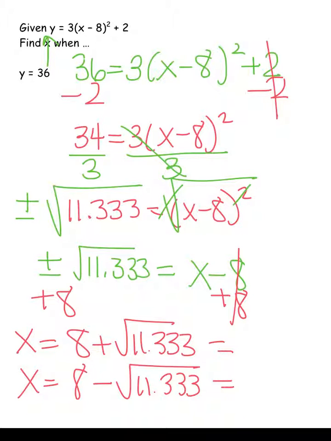There's no advantage to putting the square root in sooner, so I just don't bother. Okay, 8 minus the square root of 11.333, 4.634, I'm sorry.